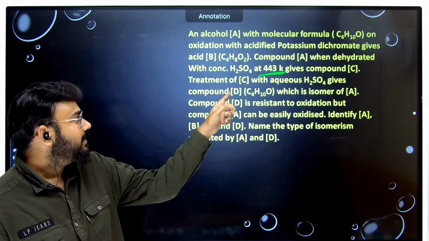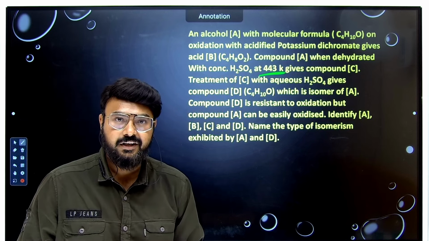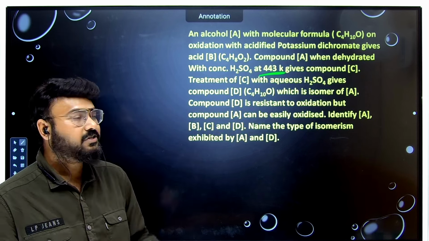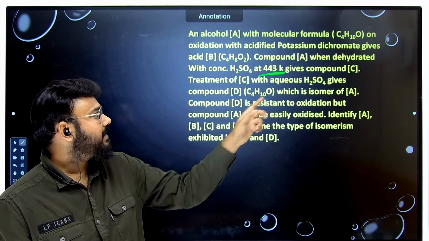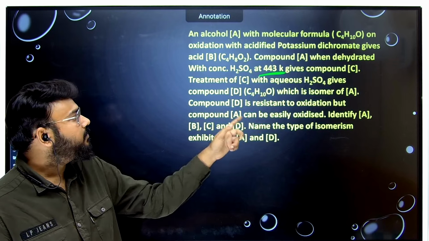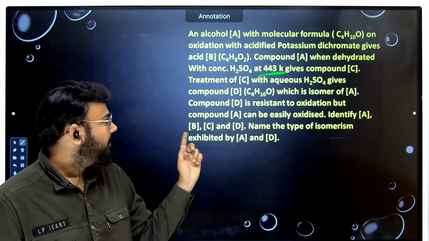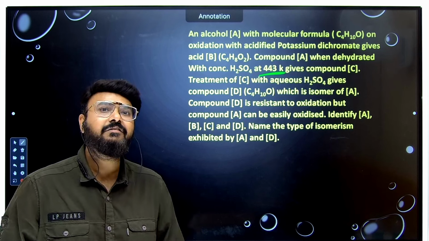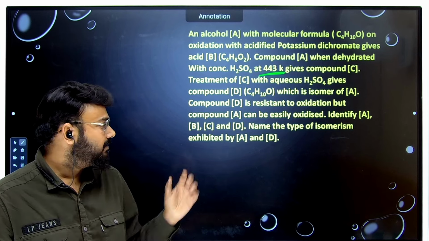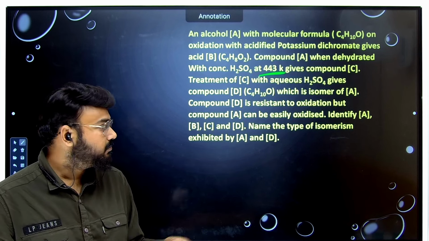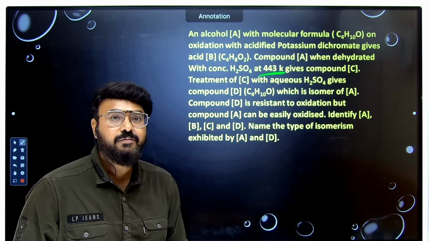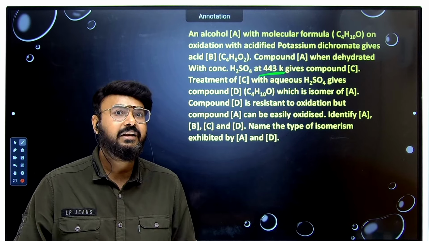Now if you see, D and A have the same molecular formula, that means they are isomers. The question also says that D is the isomer of A. Now compound D is resistant to oxidation, but A is easily oxidized. So you have to identify A, B, C, and D with the given reactions. Also, the question is asking you to name the type of isomerism which D and A show.